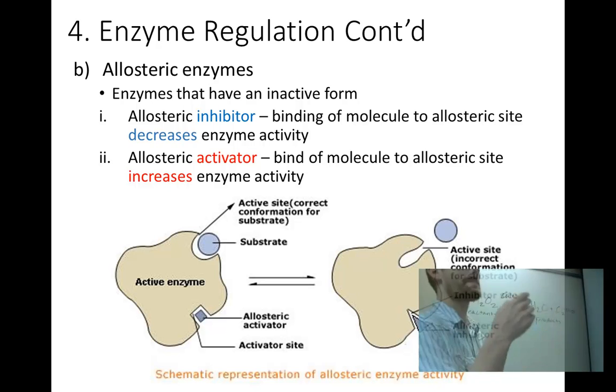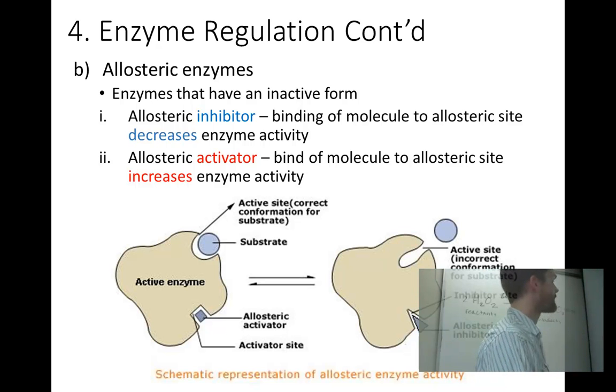Yeah. When it changes it, is there anything else that can bind to it? Maybe. It just depends on what it is and what's floating around in the cell. But generally, no, they're pretty specific to a certain substrate. Allosteric, what is that? Because the last time it was just an inhibitor, but now it's an activator? So allosteric is referring to enzymes that have an inactive form.